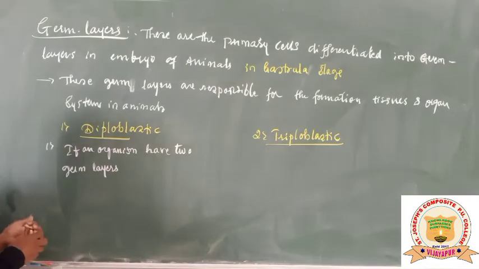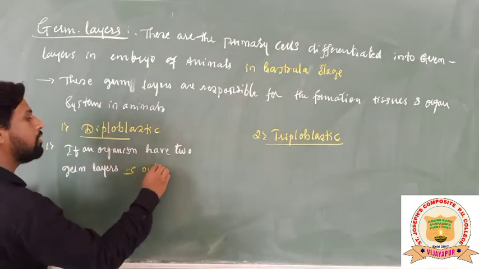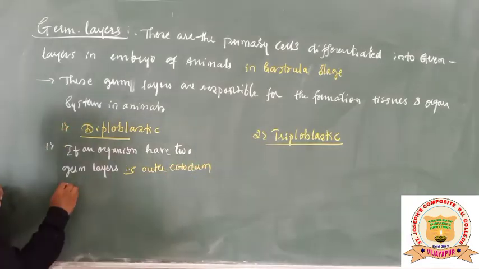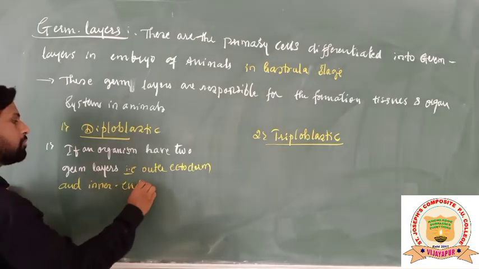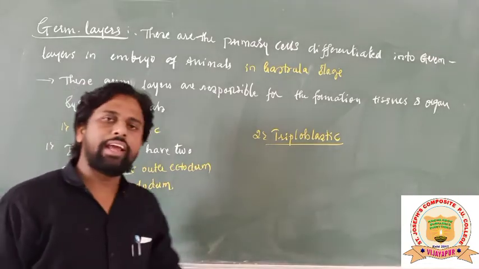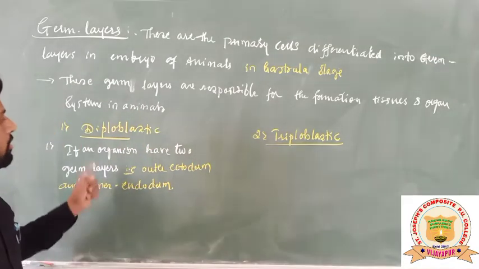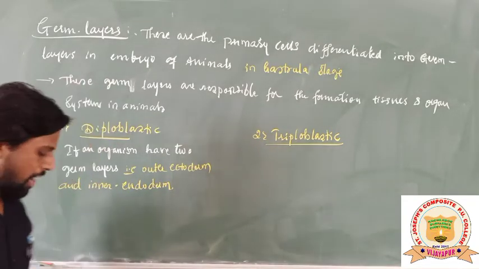Now what do you call those germ layers, students? Here the two germ layers are outer ectoderm and inner endoderm. So outer ectoderm and inner endoderm, these two germ layers consisting animals are considered as what here? Diploblastic, students.